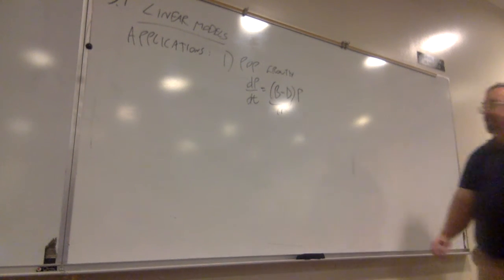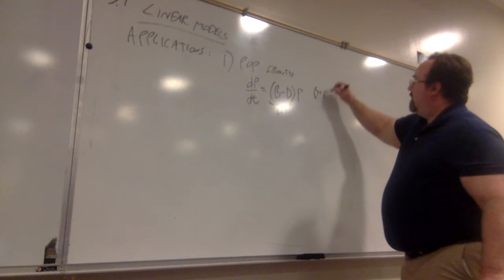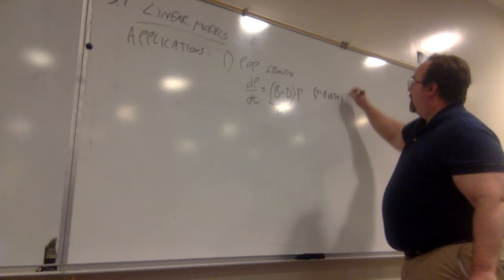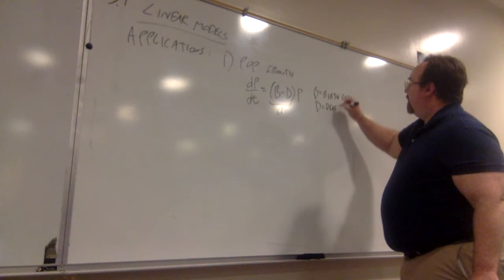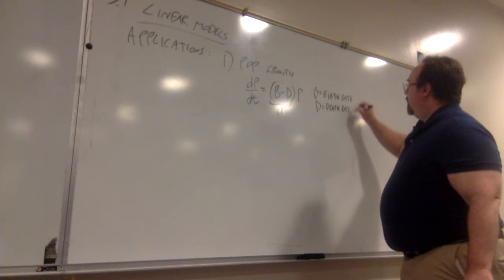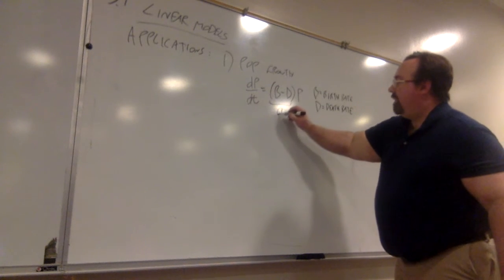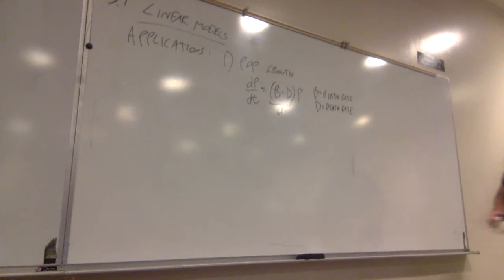So B would be the birth rate, and D is the death rate. Is that A on the bottom? Yes. So in a general ODE, y prime is AY plus b, this is the A, and little b is 0 in this case.